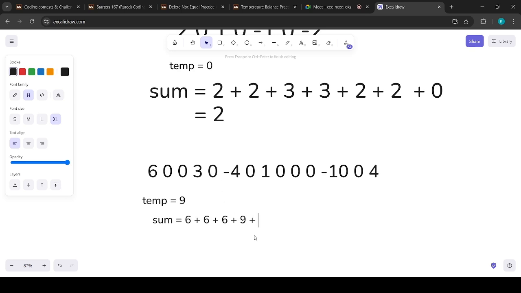Plus here temp will remain the same. And at -4, 9 will decrease to 5. So it will become 5. And for the next 0, it will remain the same. After that, it will become 6 at 1 degree Celsius.